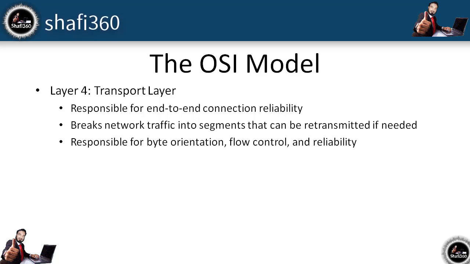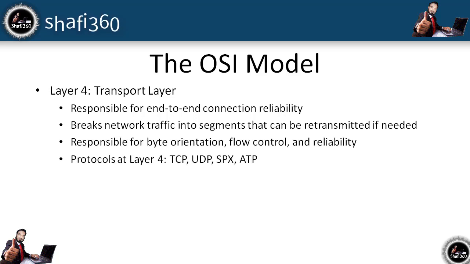So your transport layer can actually throttle your connection should you have quality of service or class of service rules in place for network transmission speeds. The type of protocols you'll see at Layer 4 are TCP and UDP. If you've been around NetWare, you'll recognize SPX, which is the Layer 4 component of IPX/SPX, and ATP, which is an Apple file sharing protocol.